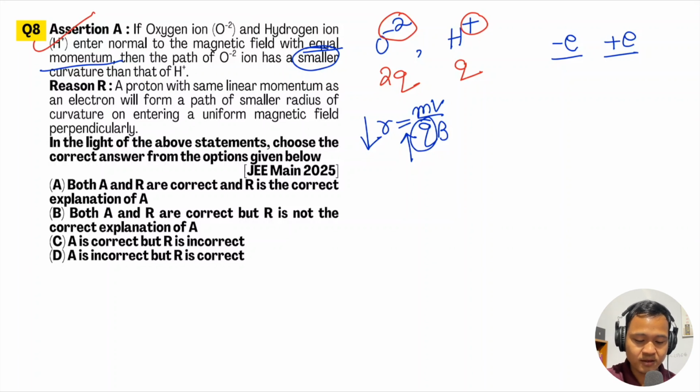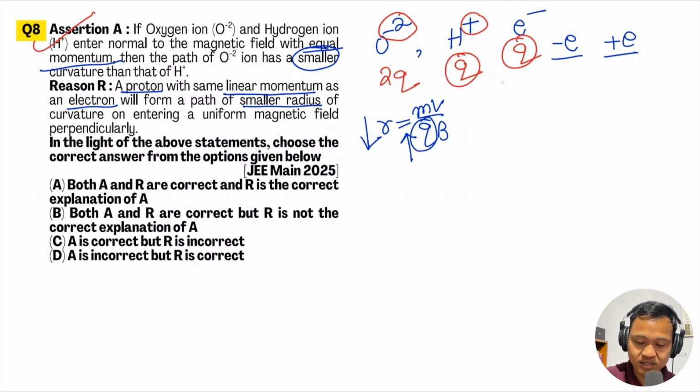Next: a proton with the same linear momenta as an electron, compared to the proton, will form a path of smaller radius on entering the magnetic field. Electron and proton have the same magnitude of charge q, so the radius should be the same.